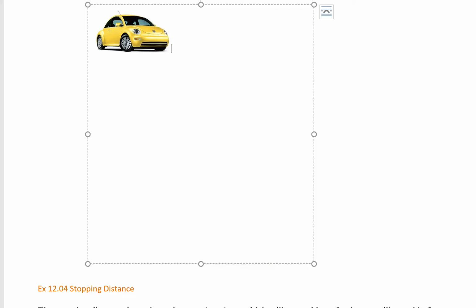In exercise 12.04, we're going to have a look at stopping distance. Now, most of you are probably learning to drive. Some of you may already have your license.